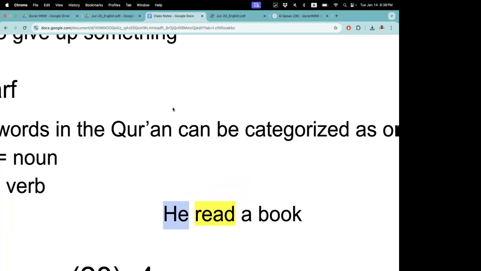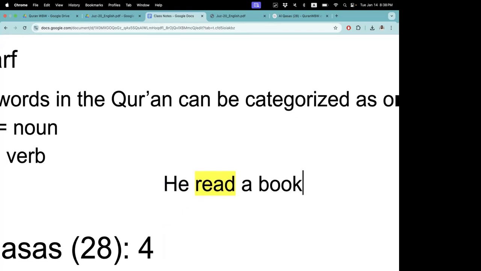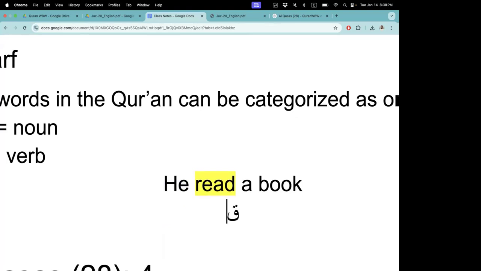In English, the "he", the one who's reading, has to be spelled out. Yes, that's obvious to us, right? In Arabic, if I was to write it, it would be written like this: قرأ كتابا.